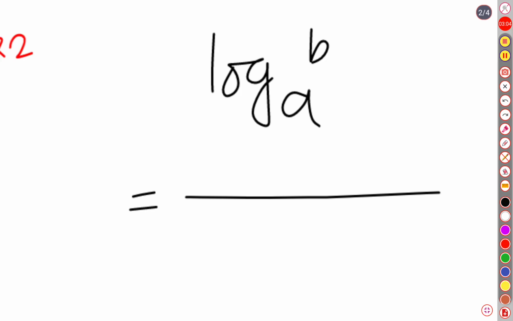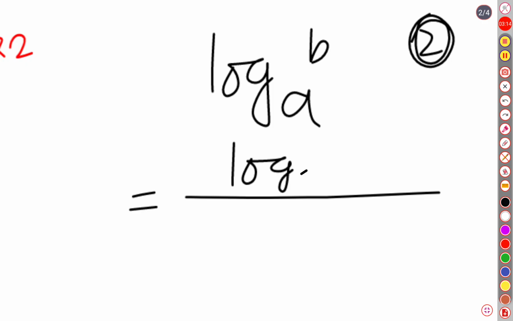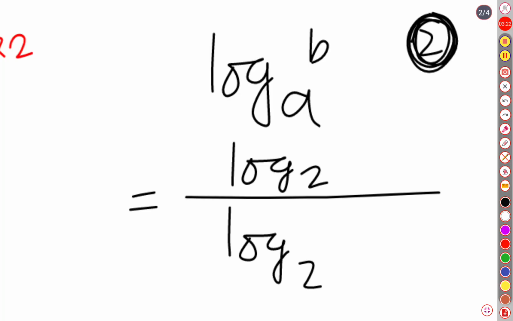Suppose we want to convert it to base 2. We are converting to the log of base 2. So in the numerator we write log base 2, and in the denominator also log base 2.